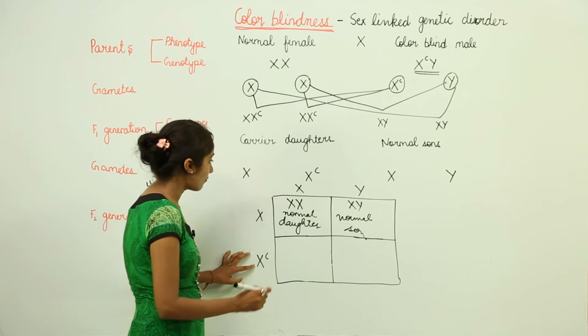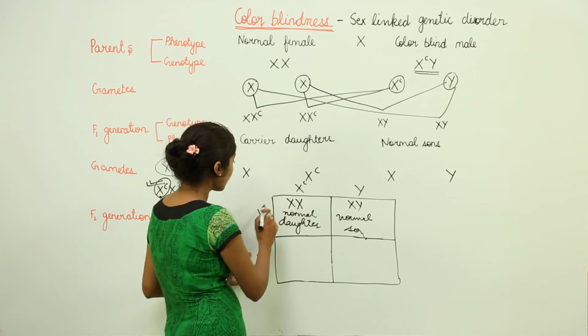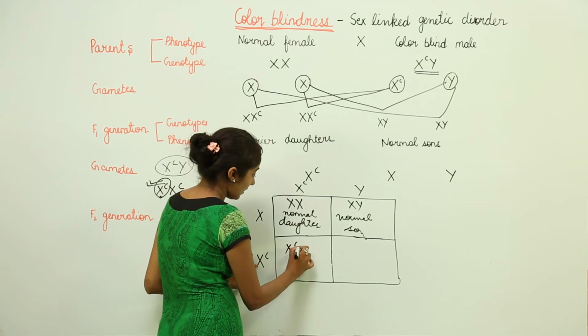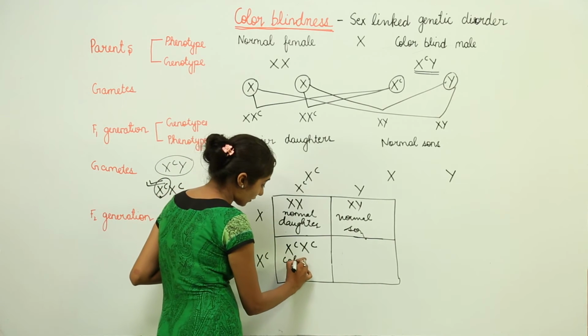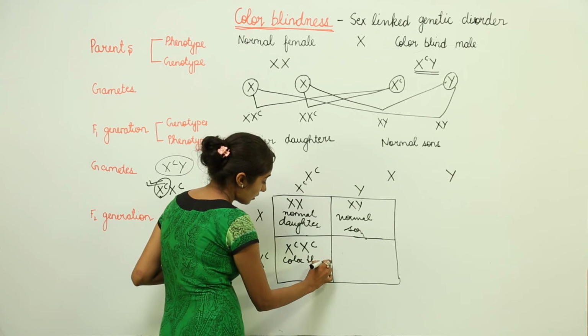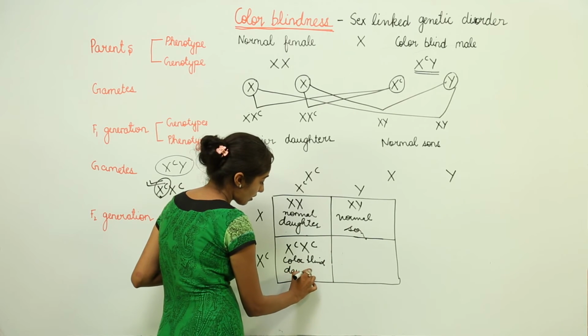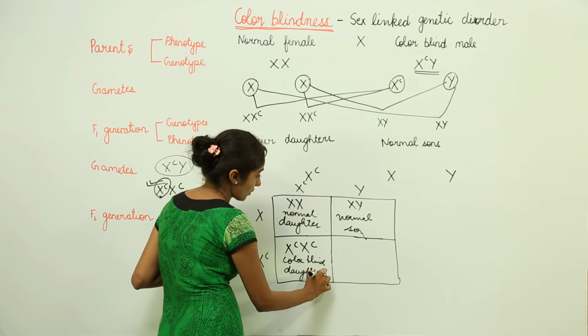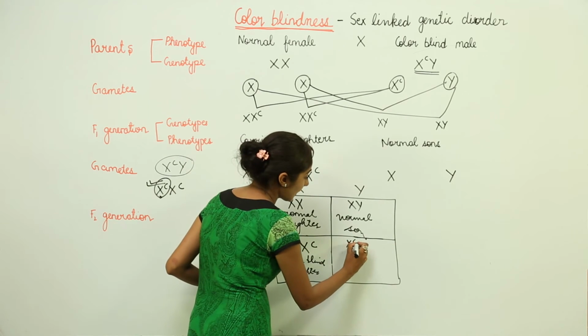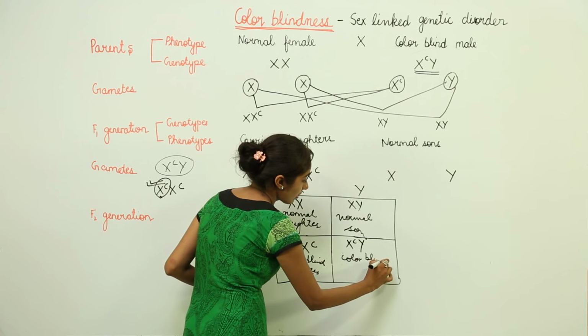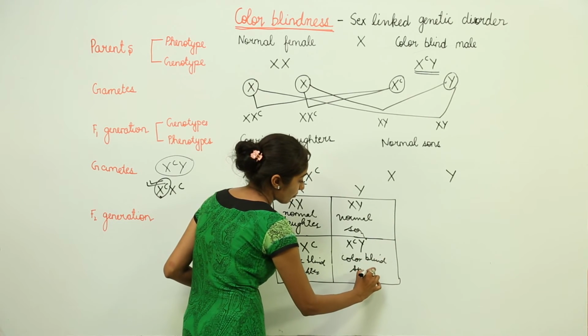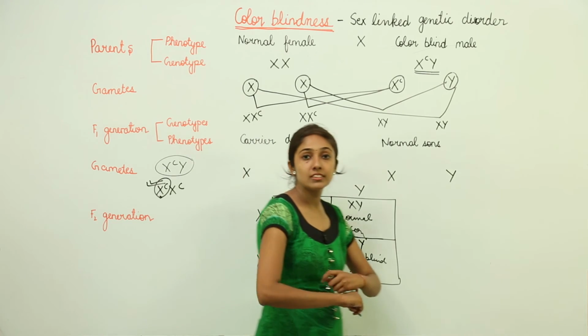But here we have a combination that is this one. It is going to be a color blind daughter. And here we have a combination as XCY. It's a color blind son, right? So I hope that this is clear to you.